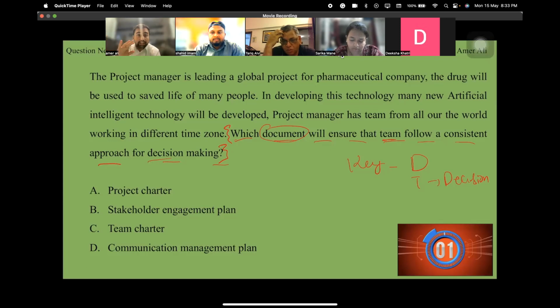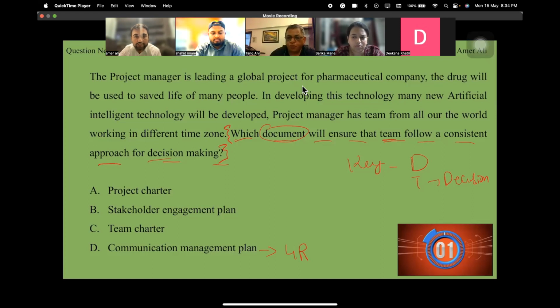Now I'll use the elimination technique. I'll first go to the options and go from D, C, B. Communication management plan. The elimination technique says if you call something a wrong answer, you must justify it. No, the communication management plan only talks about the 4 rights of communication. What are the 4 rights, guys?